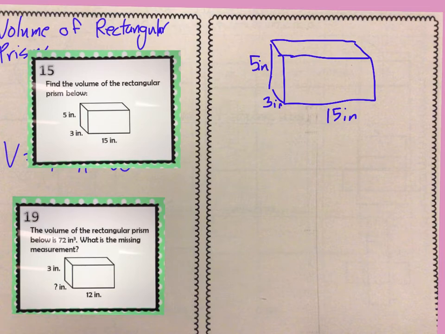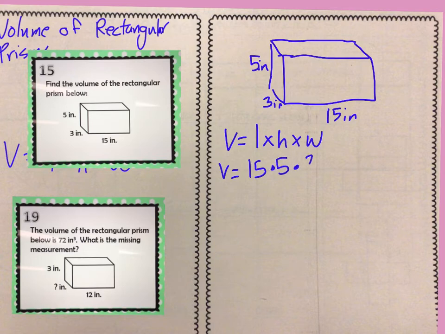Now, we are trying to find the volume of this rectangular prism. So we are going to be using volume equals length times height times width. And we know that the length is 15. The height is 5. And the width is 3.